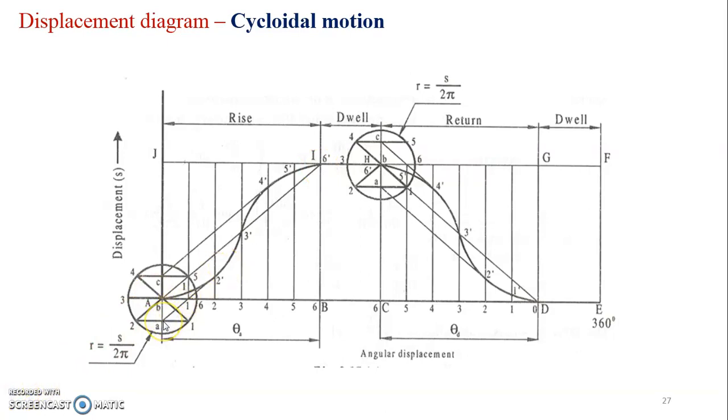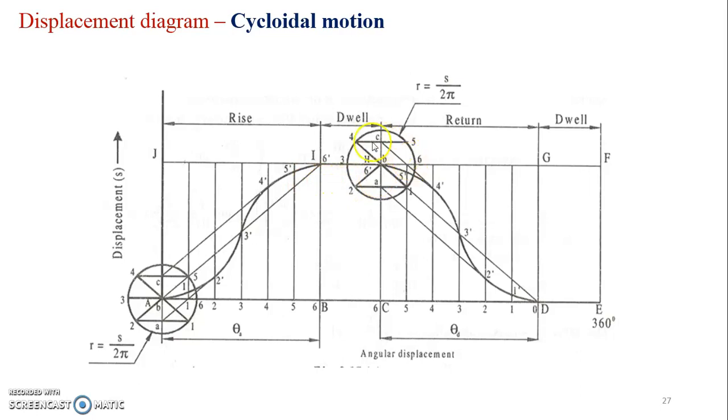Similarly, from point A, draw a line parallel to the first line to cut the vertical at 1 and 2 to get 1 dash and 2 dash. Similarly, from point C, draw another line parallel to the original diagonal line to cut the verticals at 4 and 5 to get 4 dash and 5 dash.